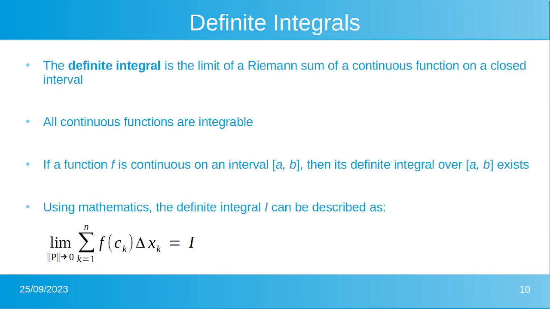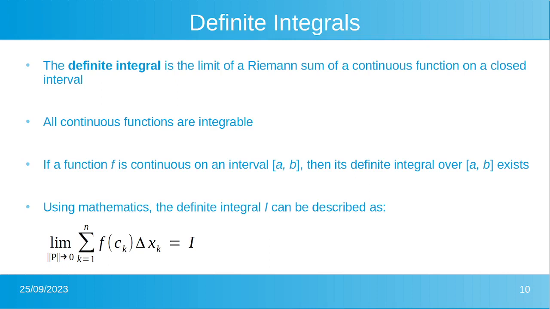The definite integral is the limit of a Riemann sum of a continuous function on a closed interval. All continuous functions are integrable. If a function f is continuous on a closed interval from a to b, then its definite integral over a to b exists. Using mathematics, the definite integral can be described as the limit as the norm of the partition approaches 0.